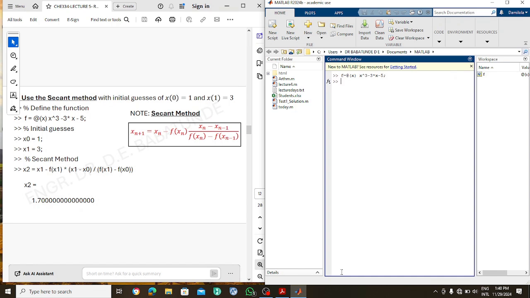So once we use the defined function, what we'll be left with is just to provide the values that will go in, instead of typing a whole lot of equation too many times. So we have the function. Then the next thing is to provide the guesses. The guesses are xn minus 1 and xn. In this case, we call it x0 and x1.